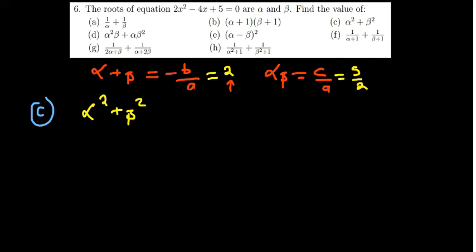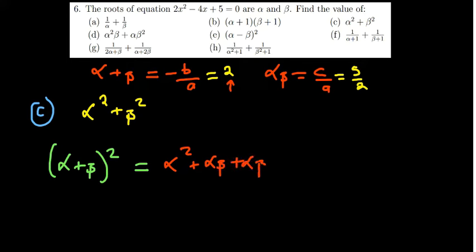So if I was to have alpha and beta in brackets squared, they look very close, right? So is there any relation between them? So if we try to expand that, alpha times alpha gives us alpha squared. Alpha times beta is alpha beta. And then if you start with beta, beta times alpha, we get alpha beta. So I'm just trying to expand that. And then beta times beta, beta squared.